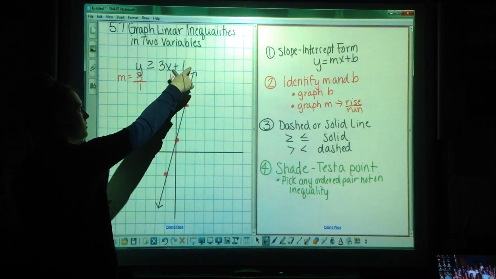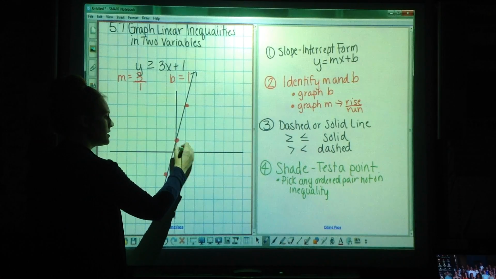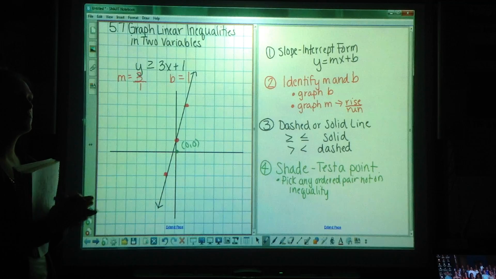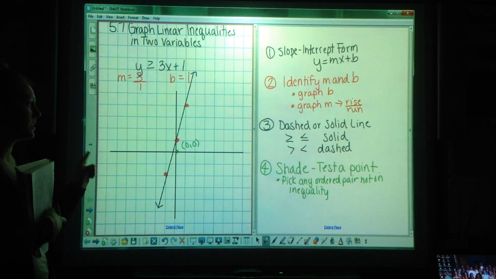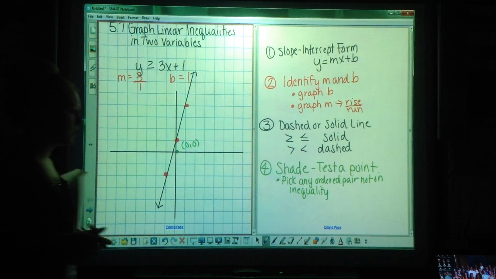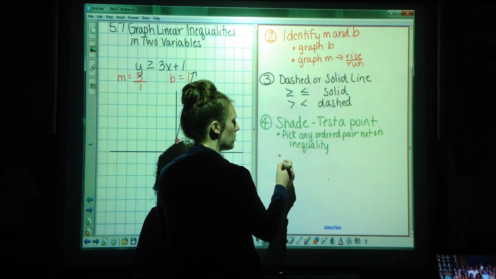Okay, so I can pick any ordered pair that does not lie on this line. I'm going to pick something really easy, and I'm going to pick 0, 0. I would always pick 0, 0. The only time you can't pick 0, 0 is when the line is crossing through 0, 0. After you pick your ordered pair, you're going to want to plug that into the original inequality.